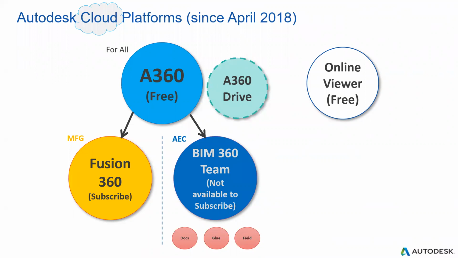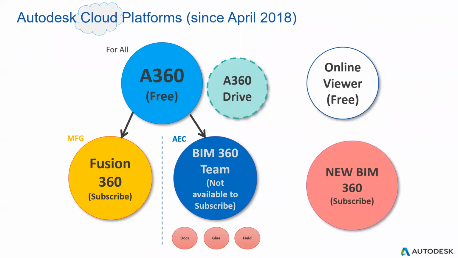So some clients may be very confused about which BIM cloud solution they should use. So we have combined all these BIM 360 Team, Docs, Glue, Field into one single platform, which is named BIM 360, or the next generation of BIM 360. And the old one, the old 360 elements, we call classic Glue, classic Docs, classic Field, etc.